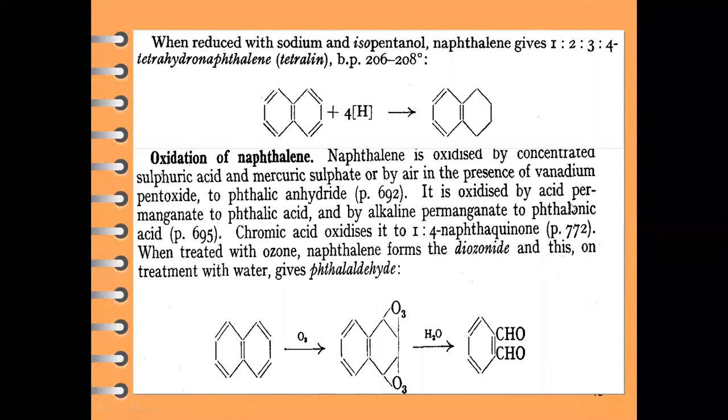It is oxidized by acid permanganate to phthalic acid and by alkaline permanganate to phthalonic acid. If it is oxidized in acidic media, naphthalene produces phthalic acid, and if it is oxidized in alkaline permanganate media, naphthalene gives us phthalonic acid.